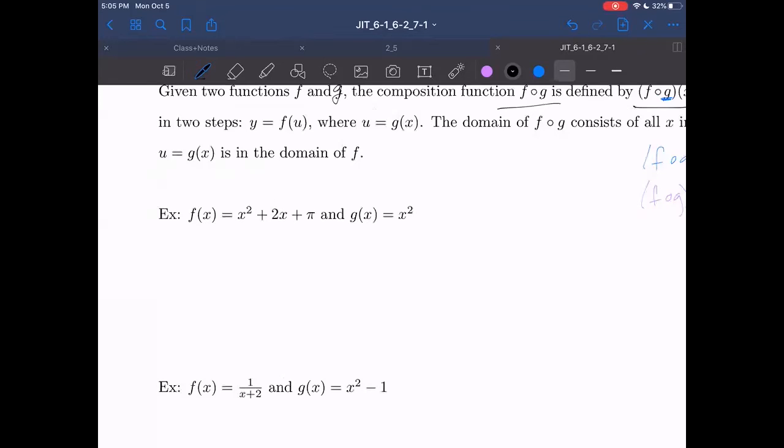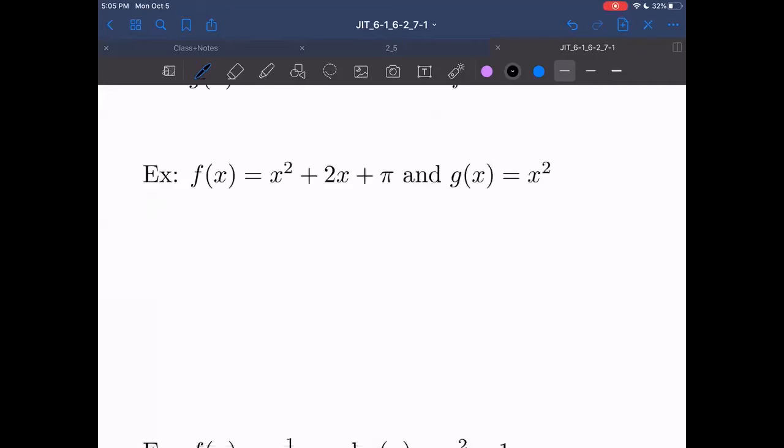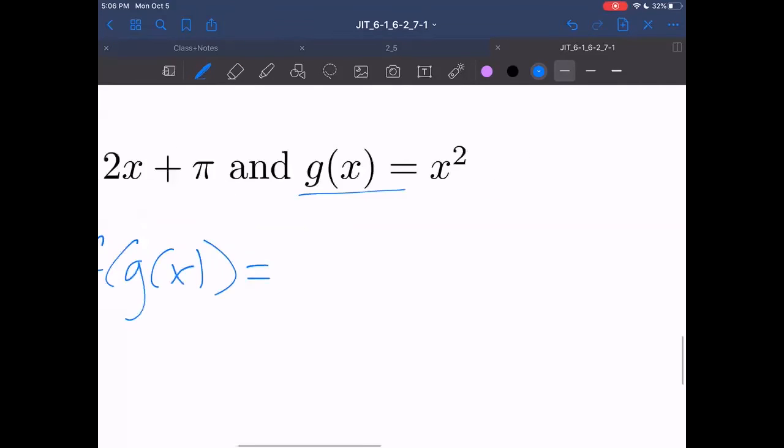Okay, sometimes we're not evaluating it at specific points though. We're evaluating just functions in general. So if we've got f composed with g of x with our two functions here, that's f of g of x. So I'll take f of x and plug x squared into it, because that's what my g of x is.